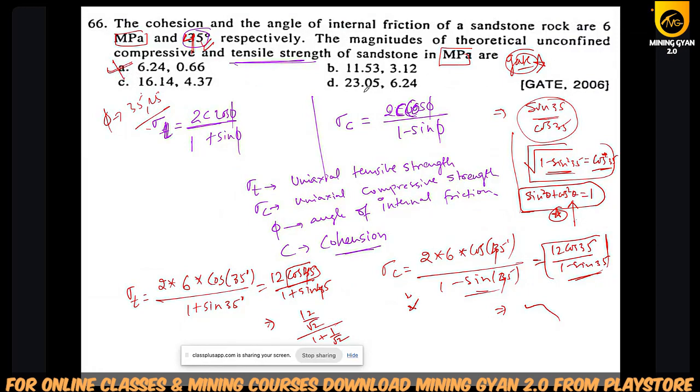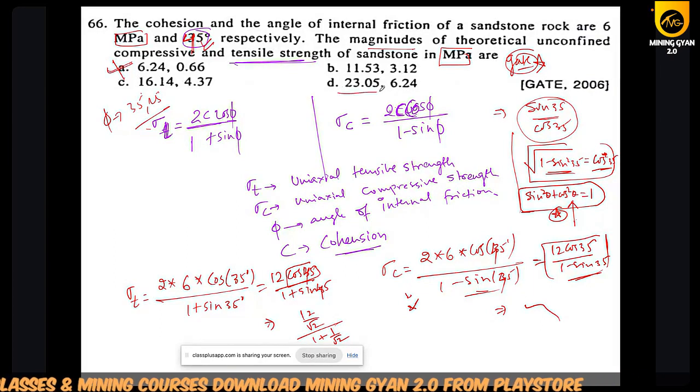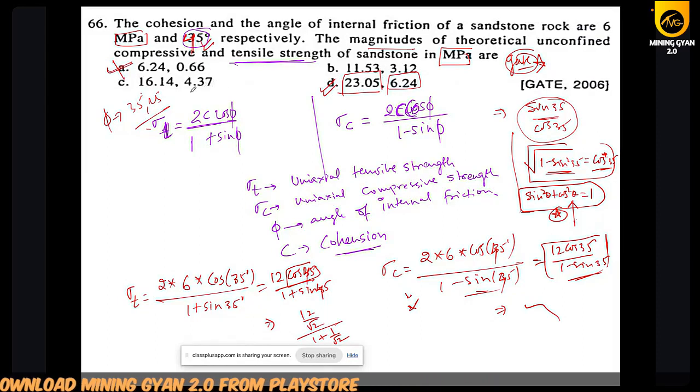So what he has asked is the magnitude of the theoretical and confined compressive and tensile. Compressive and tensile he asked. So the option will be this. You should focus on this question, because you can make this type of mistake.